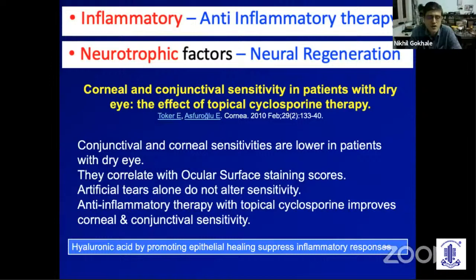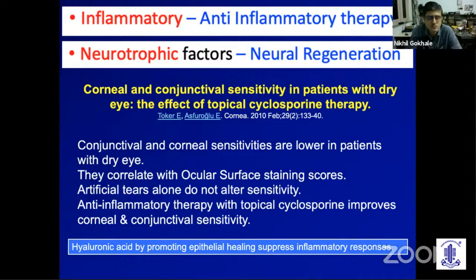Of course, we need to address the other mechanisms as well. So we definitely use anti-inflammatory therapy, maybe mild steroids, maybe topical cyclosporin, when it comes to treating patients who have dry eye. And we also need to look at neural regeneration. We have data to say that when you use anti-inflammatory therapy such as cyclosporin, there is an improvement in the nerve fiber density, and there is neural regeneration in patients who are treated adequately.